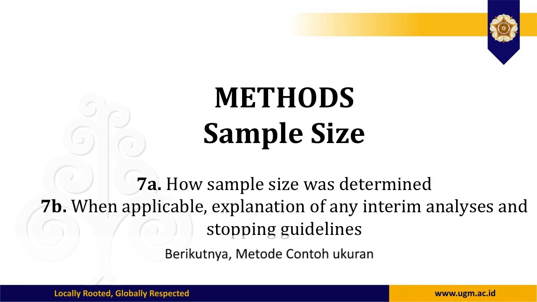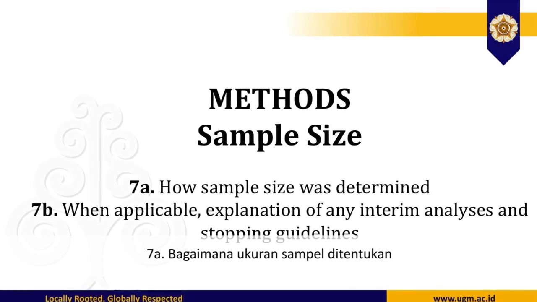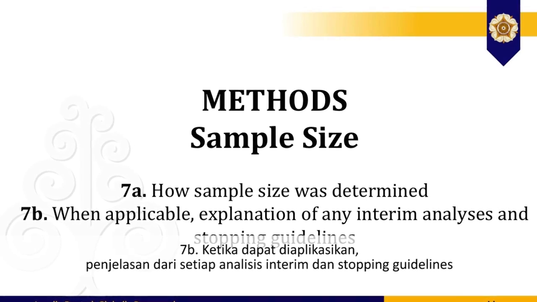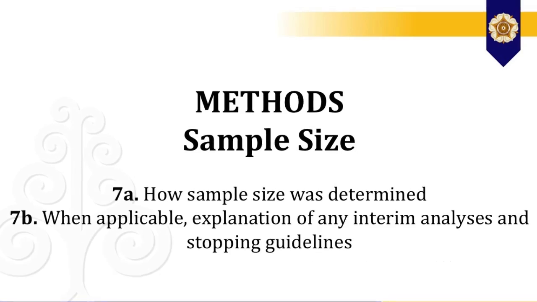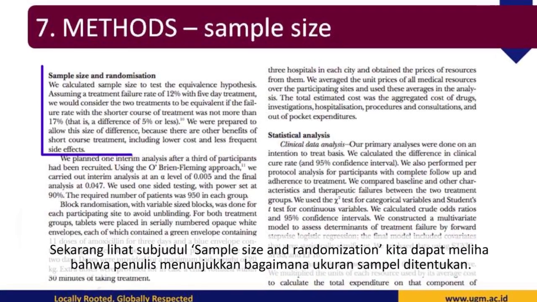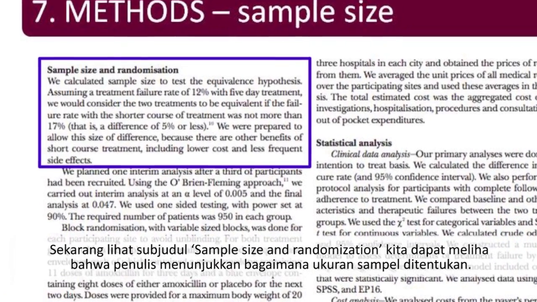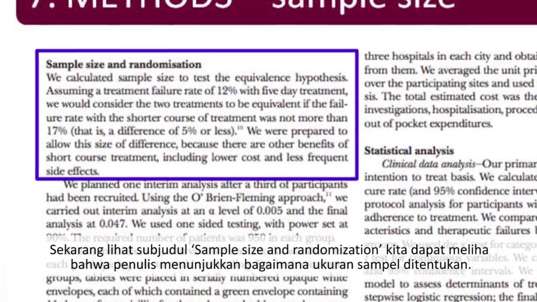Next, methods, sample size. 7A, how sample size was determined. 7B, when applicable, explanation of any interim analysis and stopping guidelines. Now look at the subtitle Sample Size and Randomization. We can see that the author indicates how the sample size was determined.